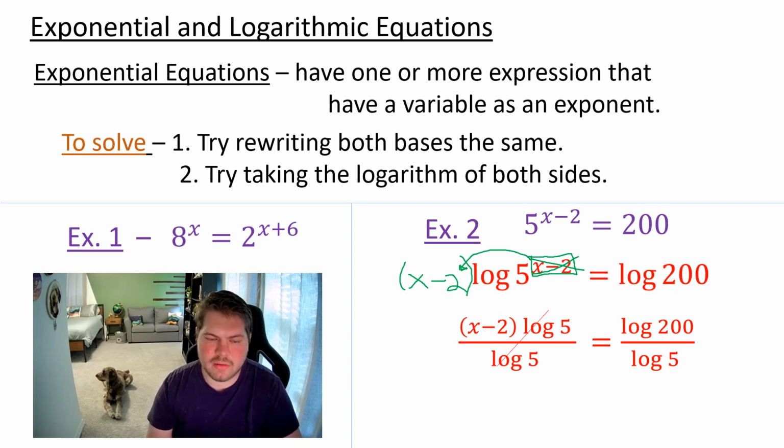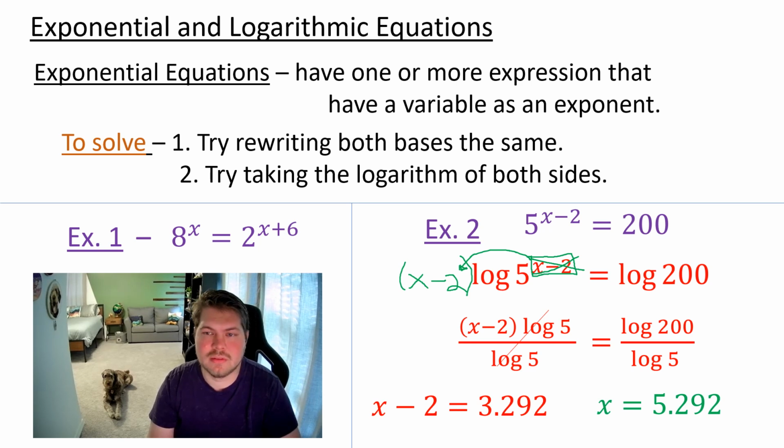It'll cancel out on the left. And then x minus 2 equals log 200 divided by log 5. And if you do that on your calculator, it's 3.292. And then our last step is we just add 2 to the other side.